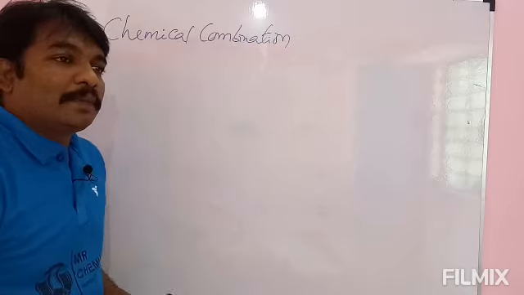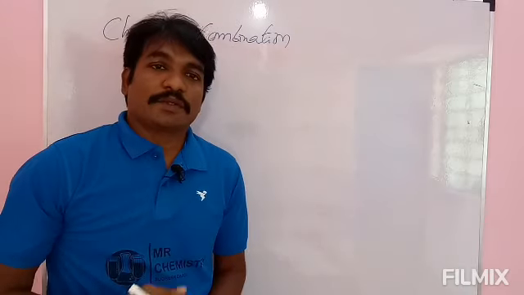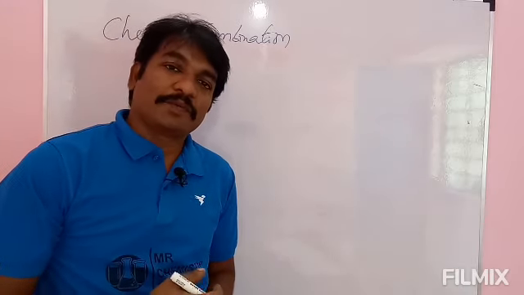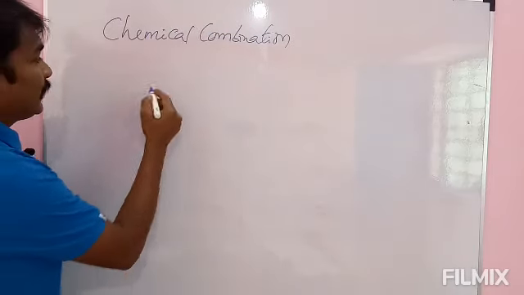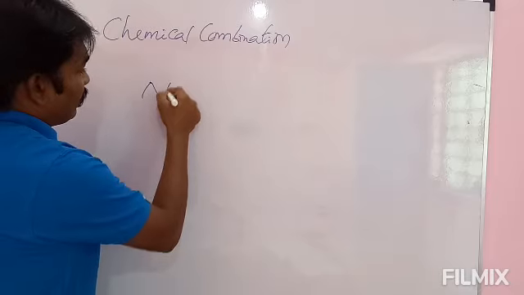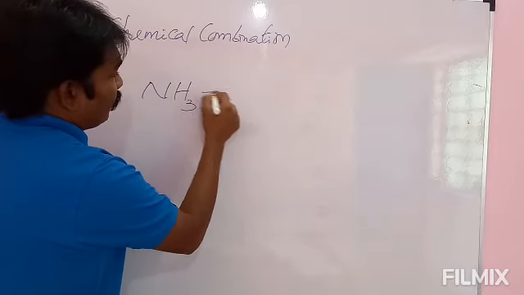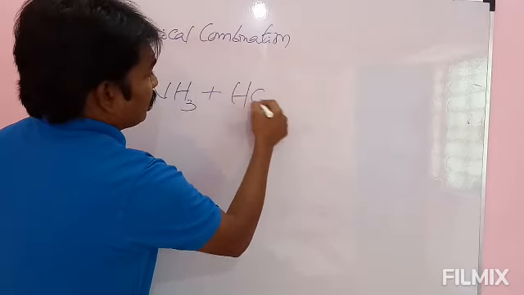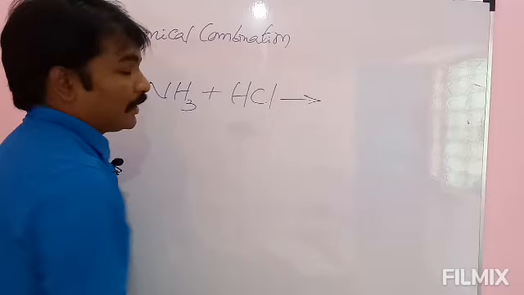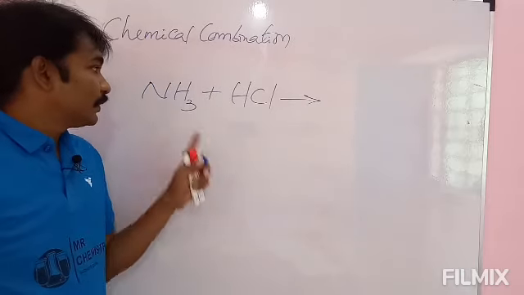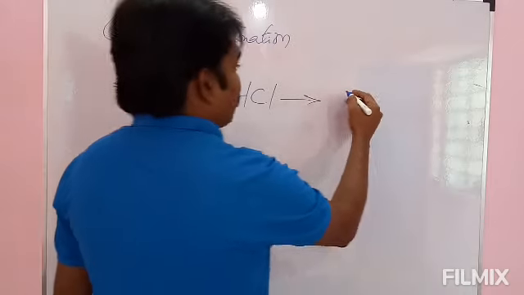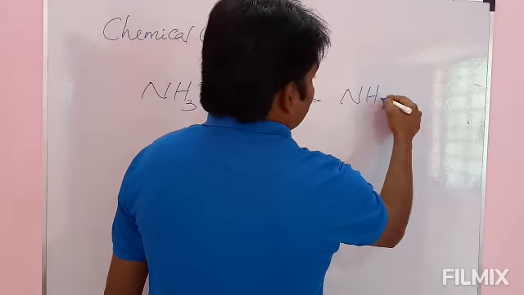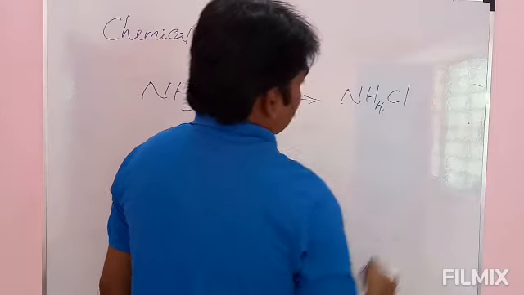See here, not only elements, compounds also combine with each other and form new compounds. For example, take ammonia. When ammonia combines with hydrochloric acid, a new substance, ammonium chloride, NH4Cl, will form.